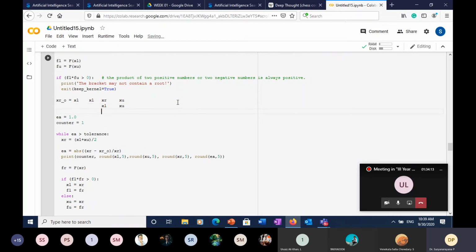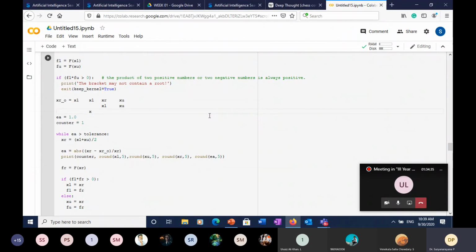Or alternatively, if this is not true, meaning if FL and FR have different signs, that means the root is here, which means the root is not there anymore, because if these two have different signs, that automatically means that the other two have the same sign. So we'll have to discard that.